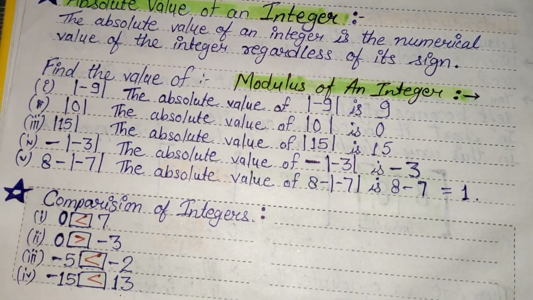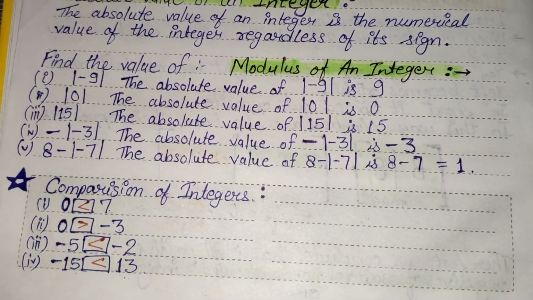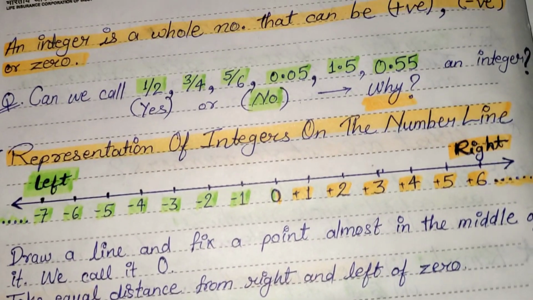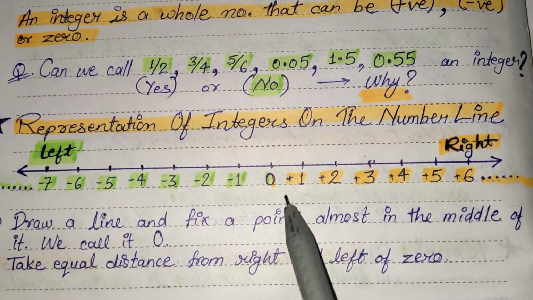Now comparison of integers. How do we compare integers? Let's see this on the number line.